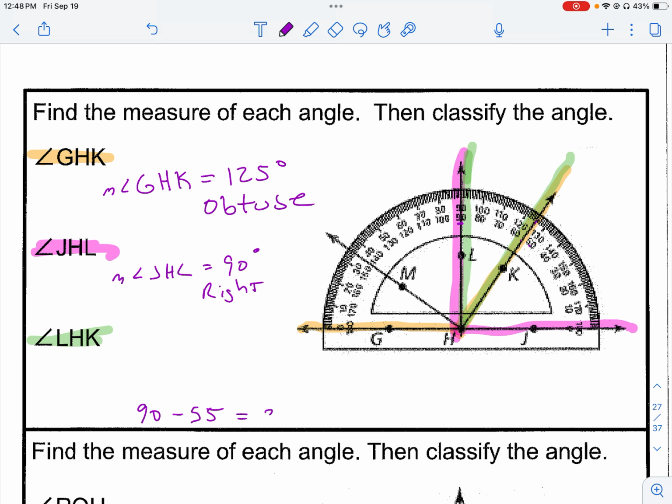So 90 minus 55 is 35. The measure of angle LHK is 35 degrees, and a 35-degree angle is less than 90 degrees, which makes it an acute angle.